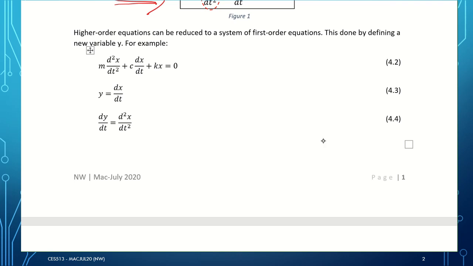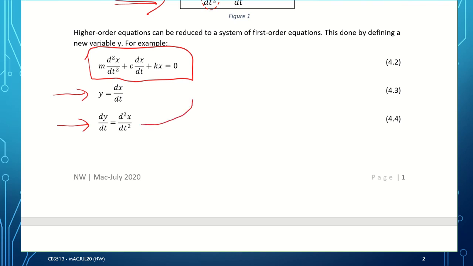For example, here we have a second order equation, and by defining a new variable y equal to dx over dt, then differentiating, dy dt equals d squared x over dt squared.